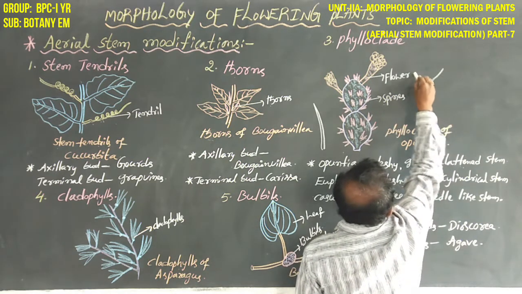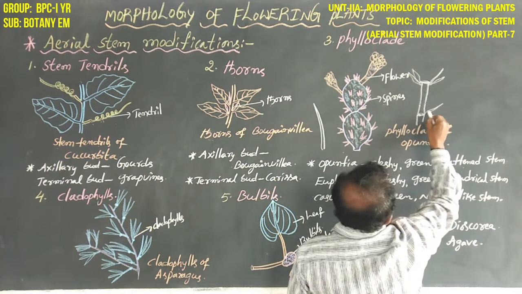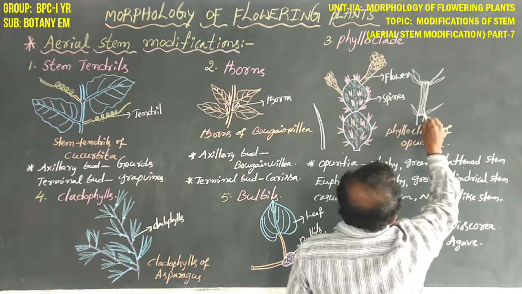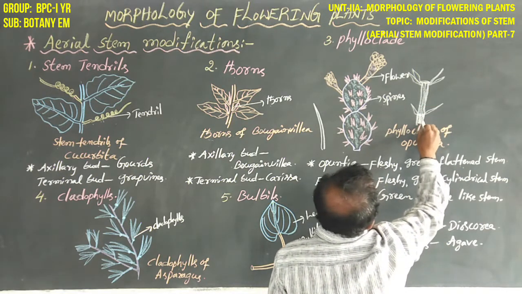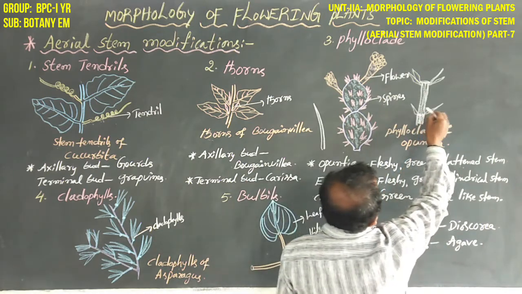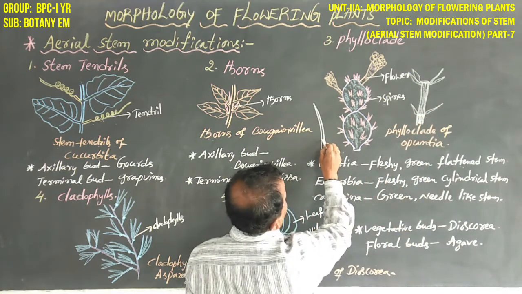These are the scaleless. This is Euphorbia, a fleshy, green, cylindrical stem. Casuarina is a green, needle-like stem.